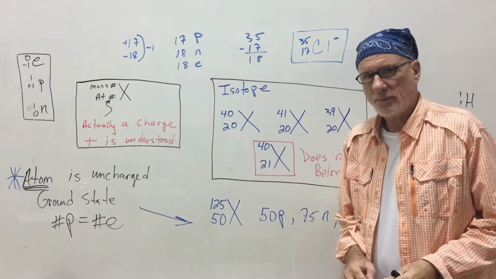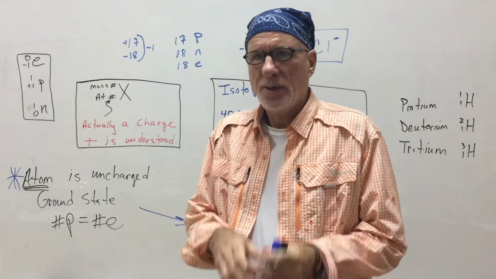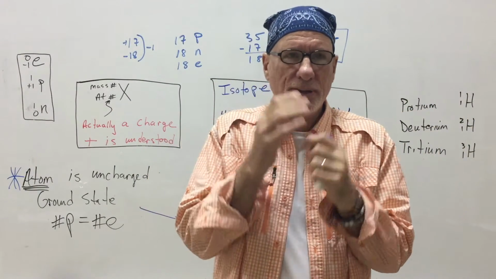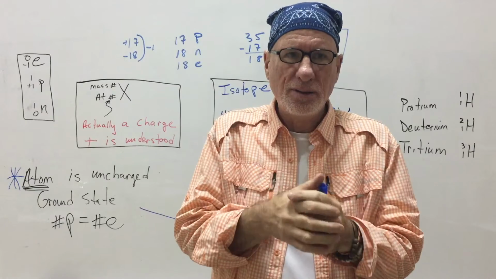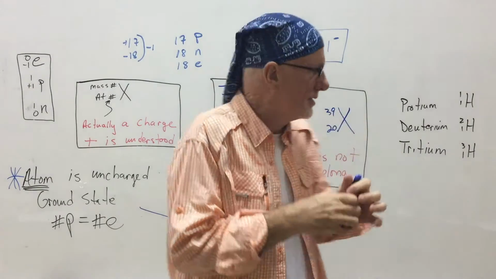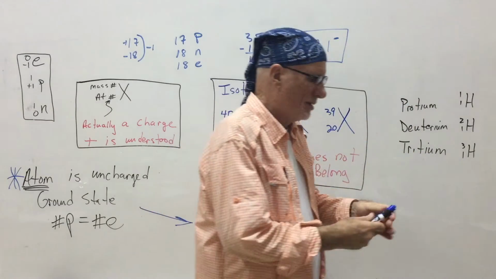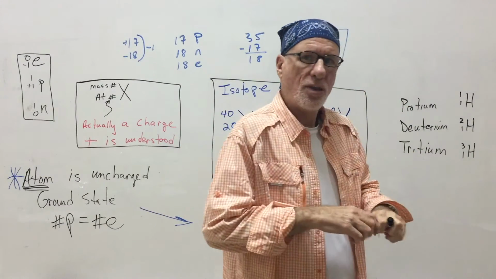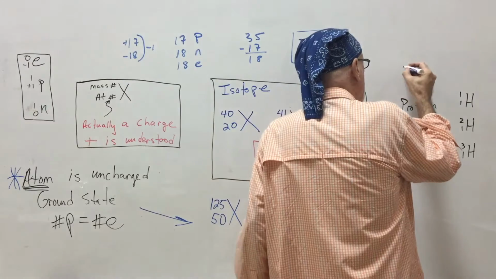Now, let's look at isotopes. An isotope is a variation of a particular element, such as hydrogen. These are three isotopes of hydrogen.